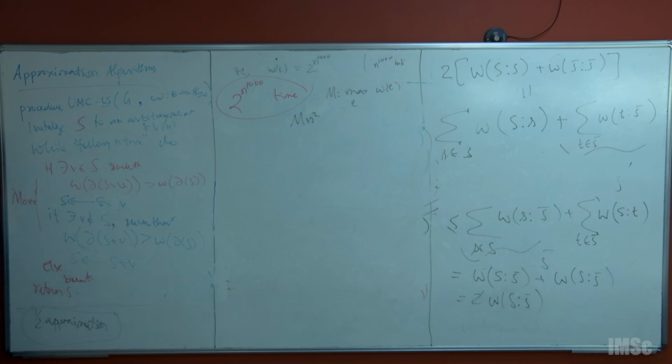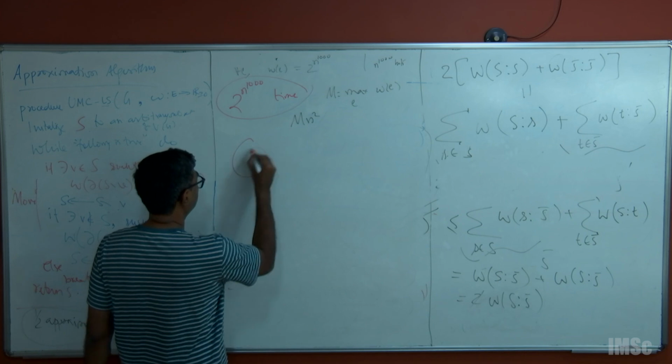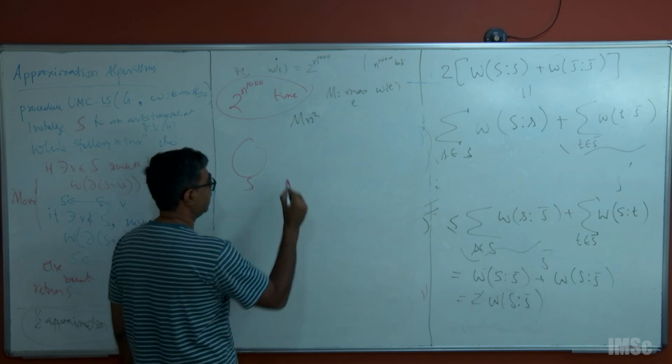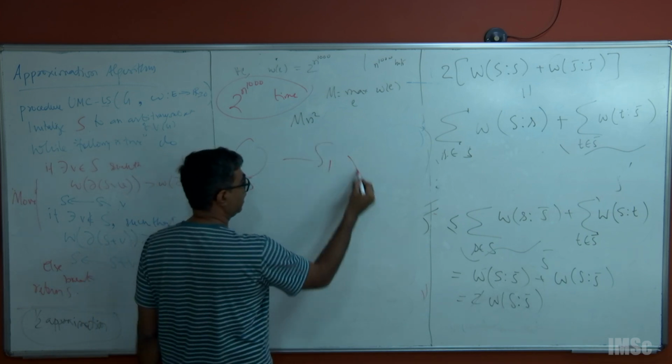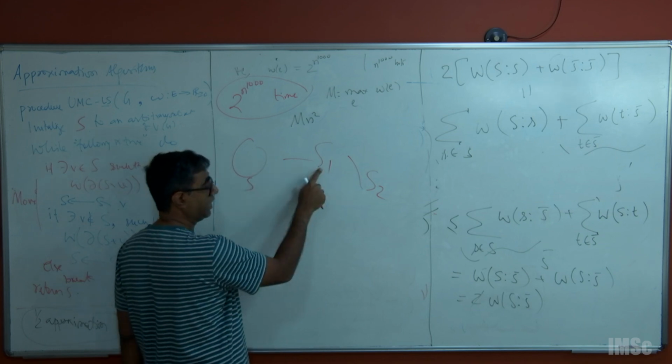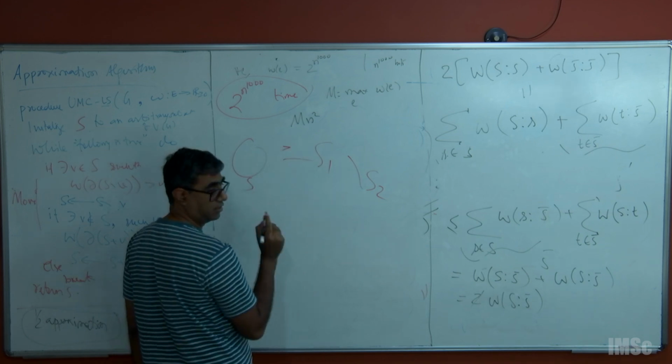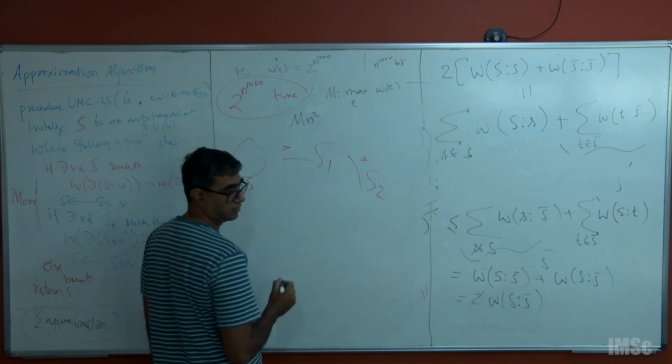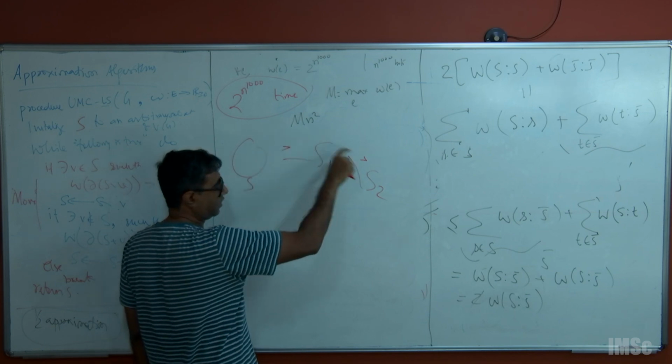What else is an upper bound? I started with some S, next I go to S1, next I go to S2. What is the property every time? Weight increases. Every time the weight of this cut strictly increases.